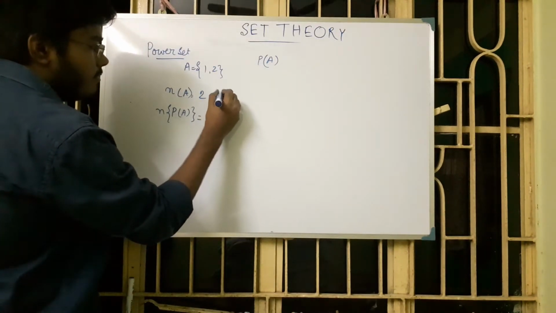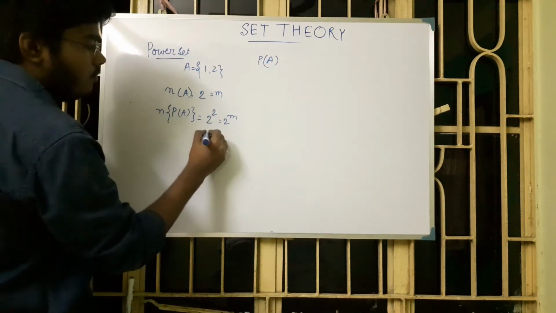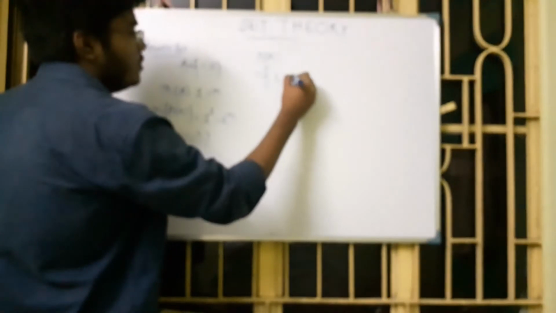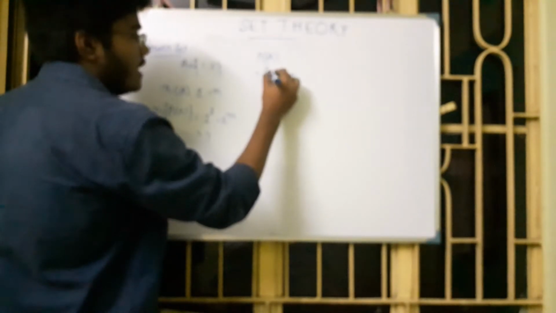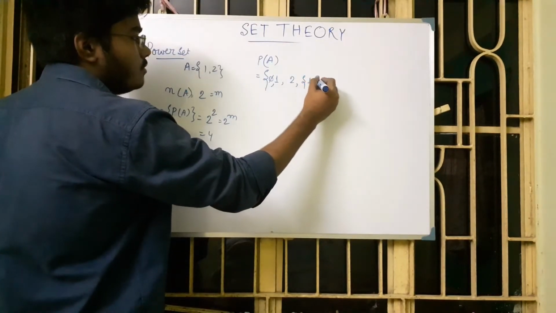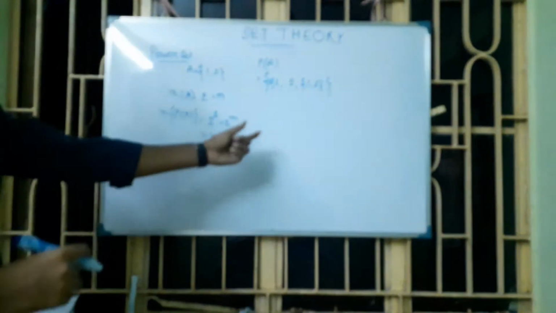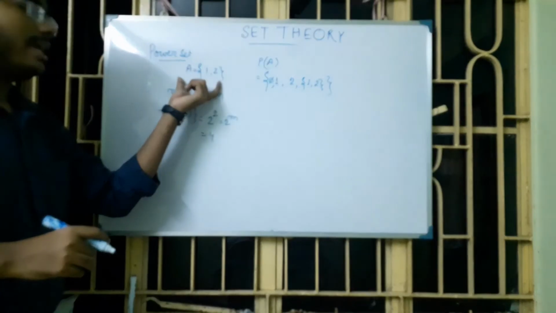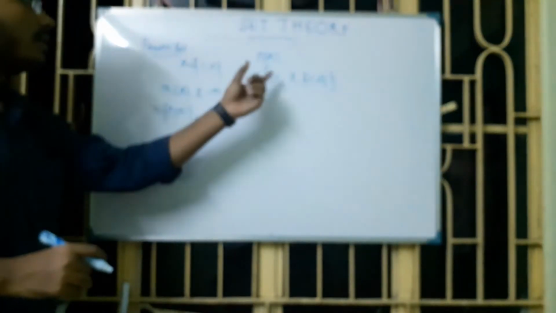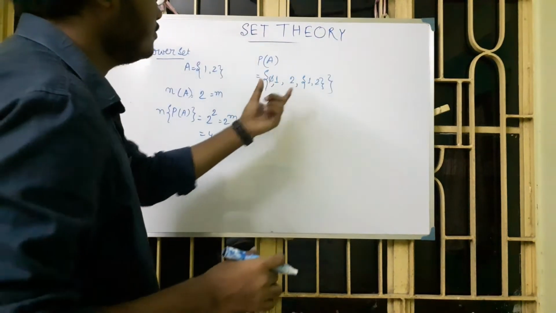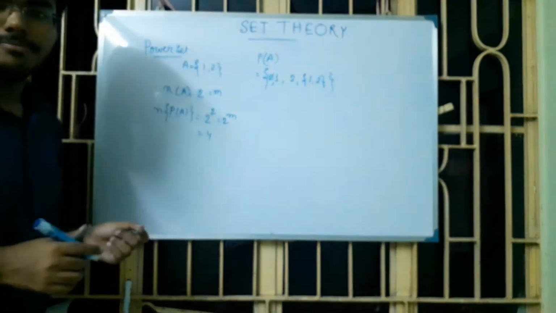If this is m, then this is 2 to the power m, that is 4. So what will be the elements in P(A)? That is {}, {1}, {2}, {1, 2}. That is, all the subsets of A. The power set contains all the subsets of A.